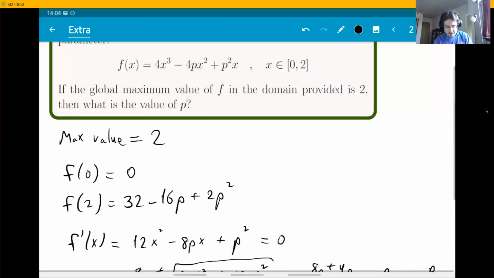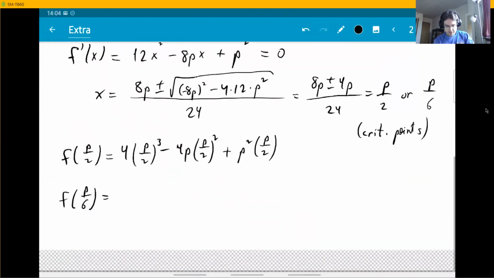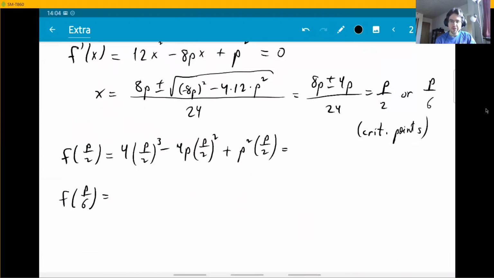I think that's right. Yes. So what does this give you? Every term here is going to have a p cubed. Look at this, p squared times p squared times p. Every term has a p cubed. And what do you have in terms of the numbers? You're going to have 4 over 8 because of this cube here, minus 4 over 4, plus 1/2. So this is 1/2 minus 1 plus 1/2. That's going to be 0.